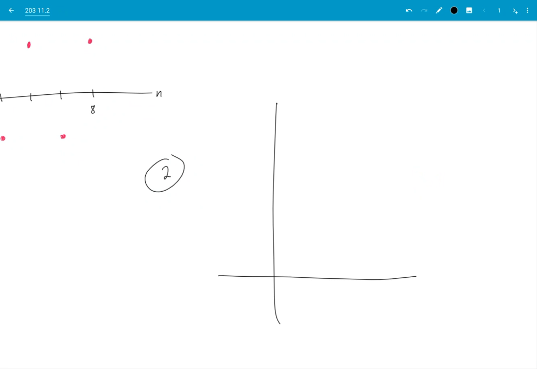So I start at, say this is 4, I would make this 2, bing bang bo, -4.